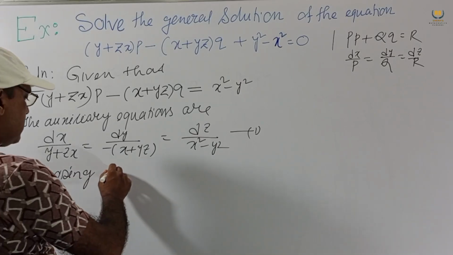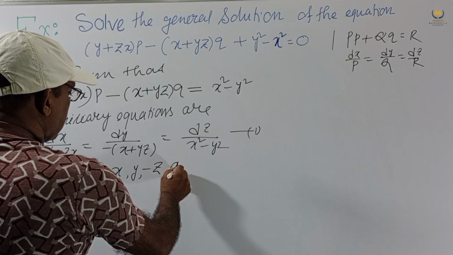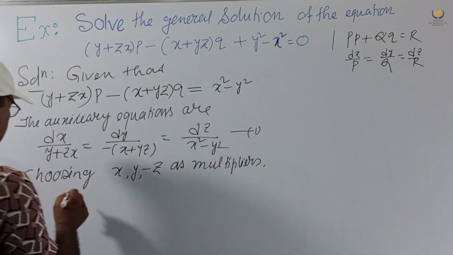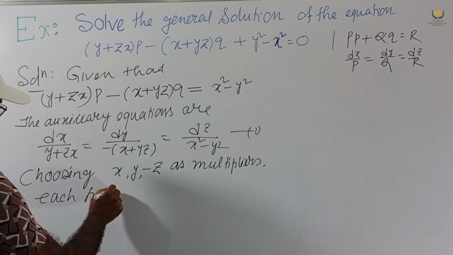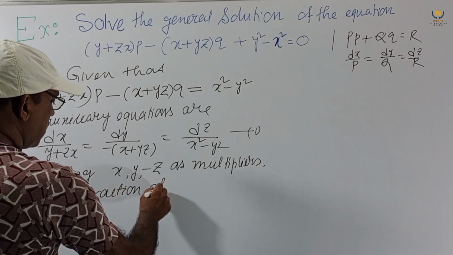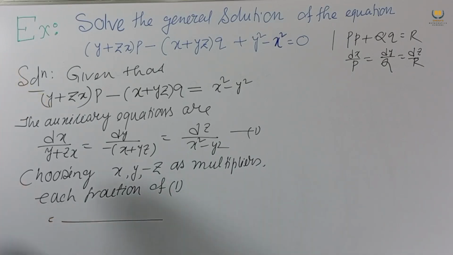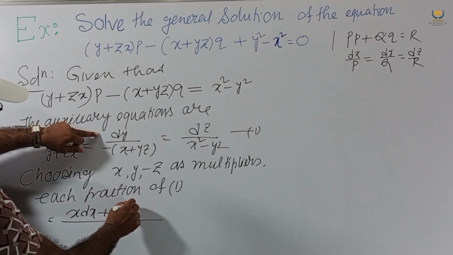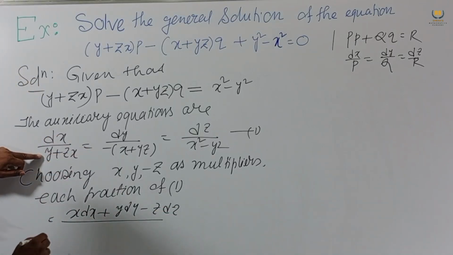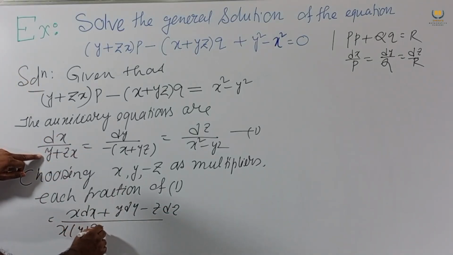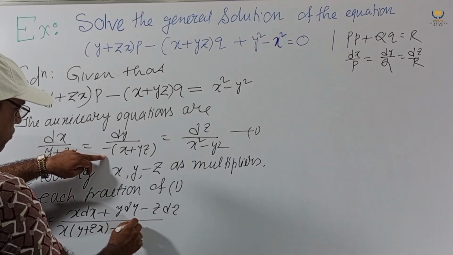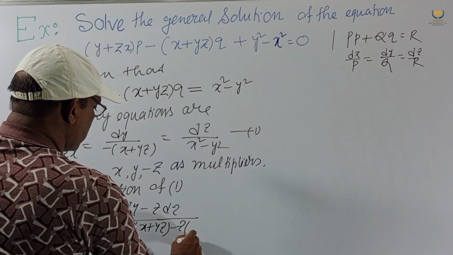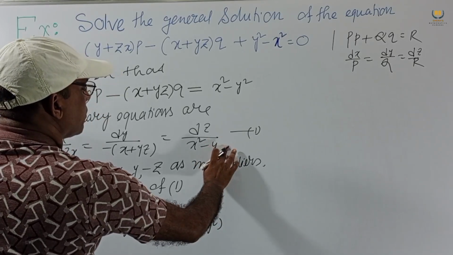Choosing x, y, −z as multipliers, each fraction is equal to, first one multiplying by x dx, next y dy, minus z dz, divided by x(y + zx) − y(x + yz) − z(x² − y²). We get this.